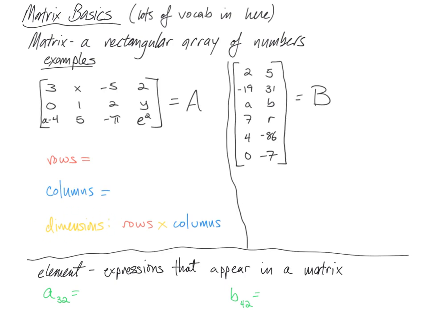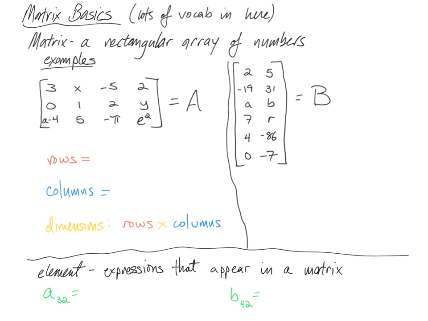One thing that's really weird about matrices is that you can think of these matrices as also having an area. This matrix has an area of 12, right? It's 3 tall and 4 wide, and this matrix also has an area of 12. It's 6 tall and 2 wide. But these matrices have very different dimensions.